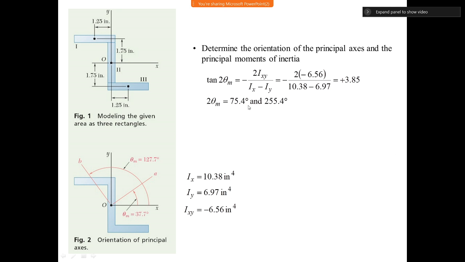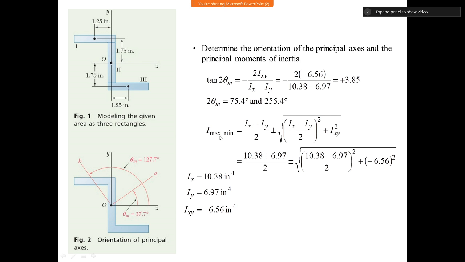So these are the values corresponding to the principal axis, and then I max, minimum is equal to I average plus minus r, so this is the I average plus minus the radius. Again, just using those equations, we compute this, and using Ix and Iy, we compute the I max and I minimum.